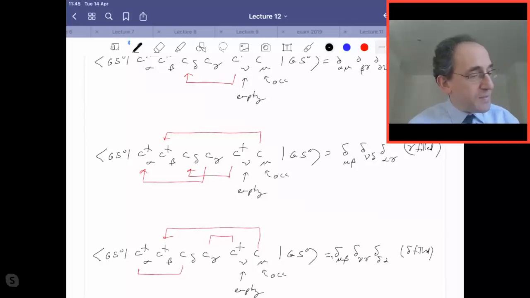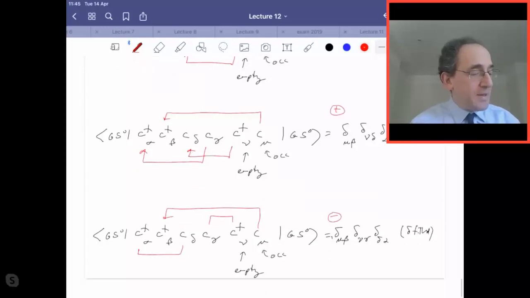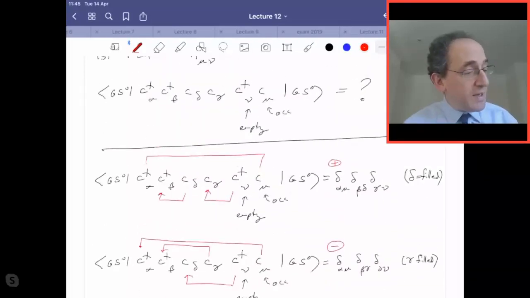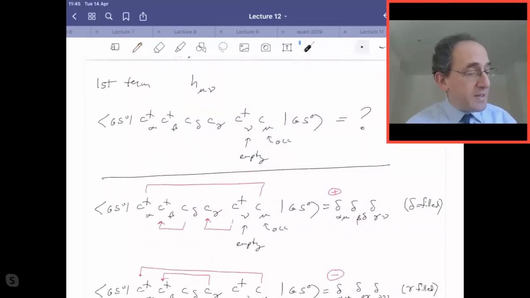And this one comes with a minus sign, whereas this one comes with a plus sign. Okay. All right. So now I've calculated this big inner product, which is what I'm interested in.